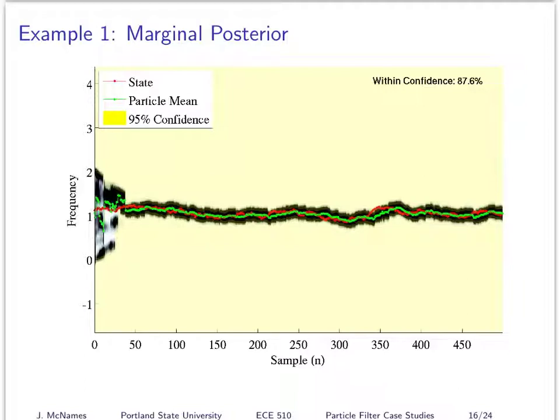And this shows, again, what the real frequency is, where it is, and the estimated confidence intervals. I did display on the slide what percentage of the time this was within the 95% confidence interval, and it was less than 95%, but this is only 500 samples, and these are not statistically independent of one another. If it's out of the confidence interval here, then it probably will be in the next sample as well.